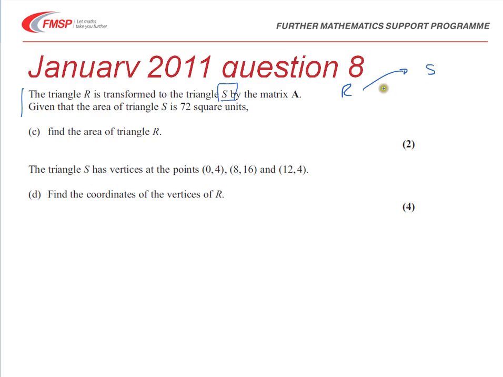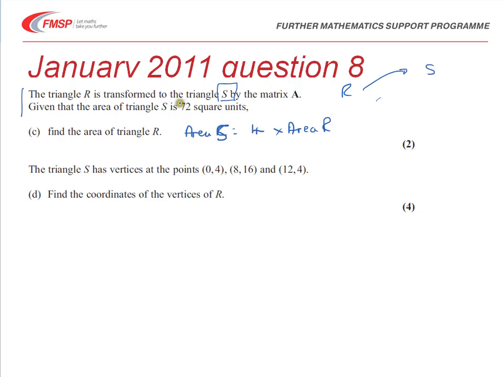So remember then that the scale factor for this enlargement is the determinant of the matrix. So the area of S is going to be 4 times the area of R. The area of S is the area of R multiplied by the determinant 4.